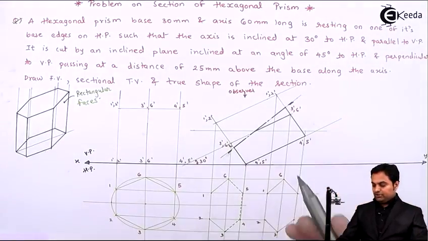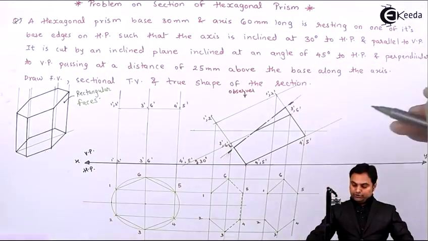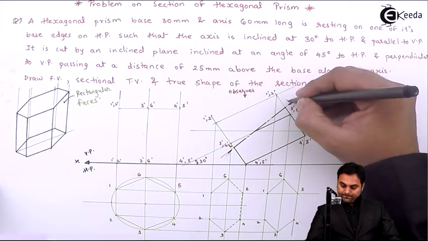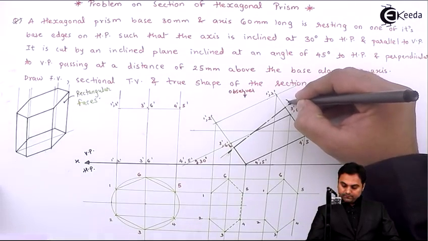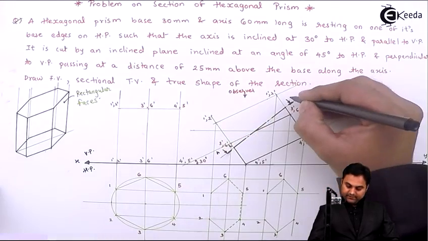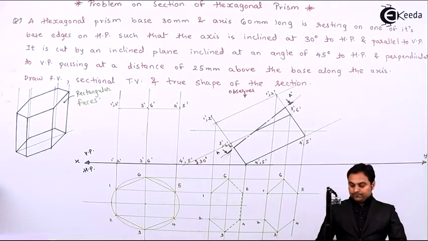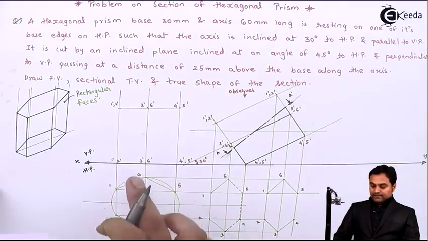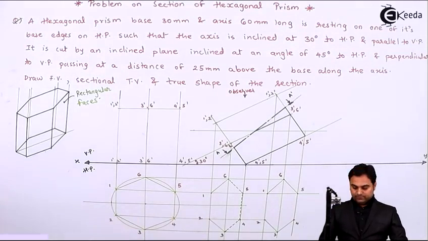So this much is the portion which is remaining, and the top portion is removed. This is the cutting plane A dash. Next, I'll make this initial condition also dark.